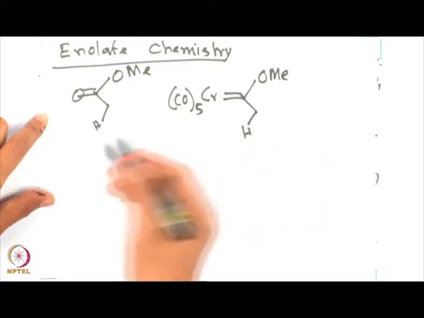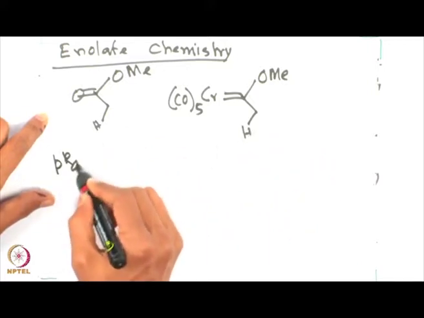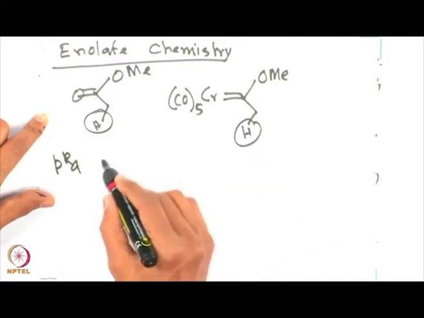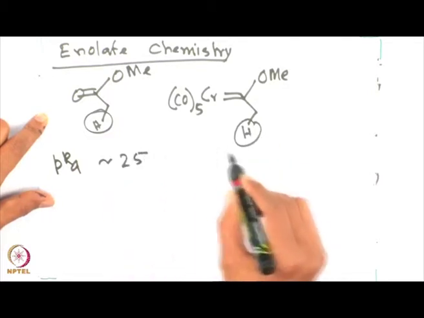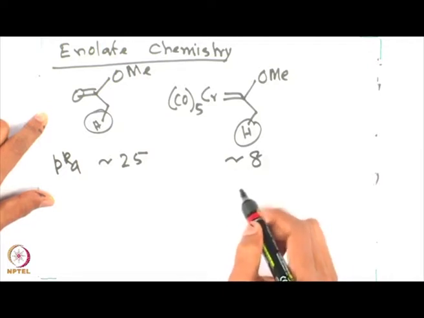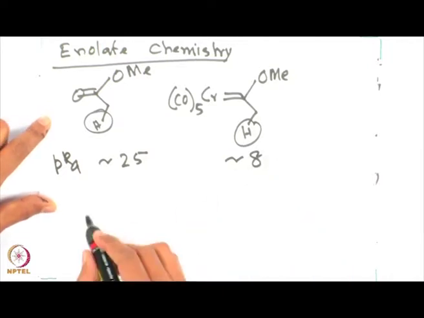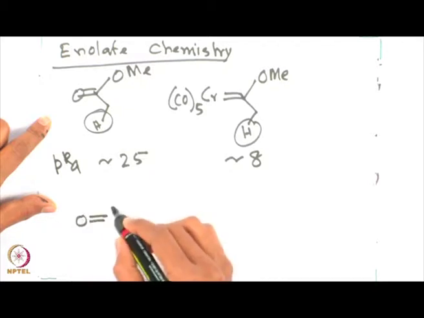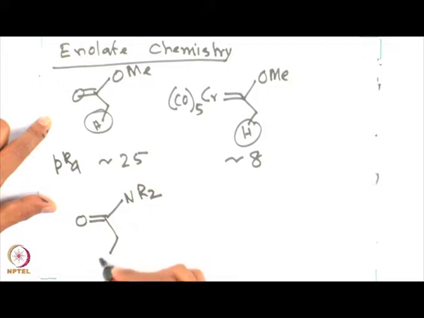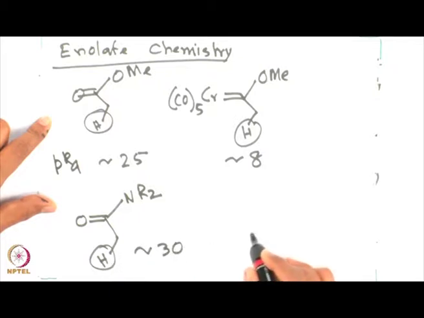Now, as you know, the lower the pKa value, the higher the acidity. Where is the pKa of this one versus that one? If this is nearly 25, what is found is nearly 8. That is again very, very exciting. If you have an amide, now of course, the pKa of this is nearly 30.